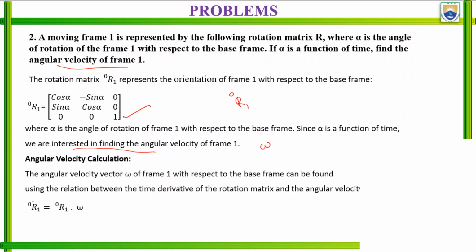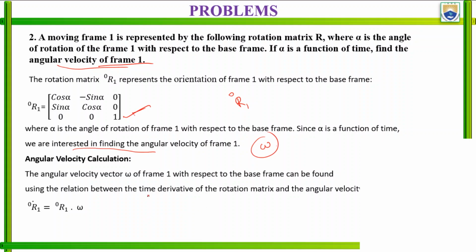How do we represent angular velocity? With omega. Since alpha is a function of time, we need to find the angular velocity with respect to frame 1, which is the actual given question. Since we already know the rotation matrix with respect to the z-axis, we have written it here.